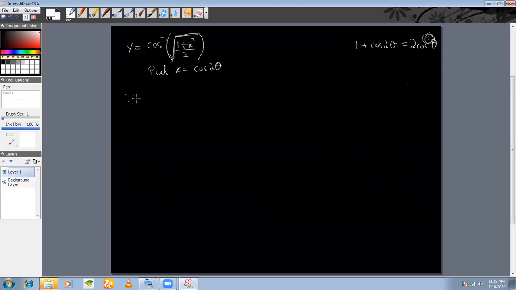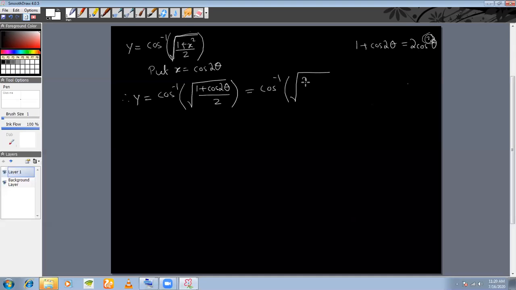So see what happens. Therefore y is equal to cos inverse root 1 plus cos 2 theta divided by 2, which is equal to cos inverse root 2 cos square theta divided by 2, which is equal to cos inverse.